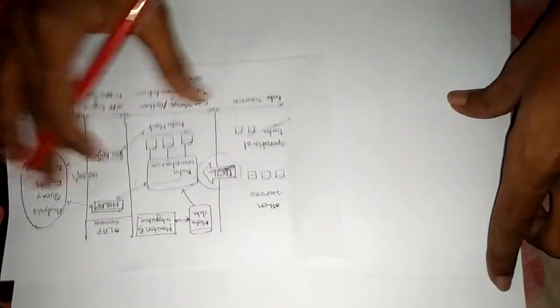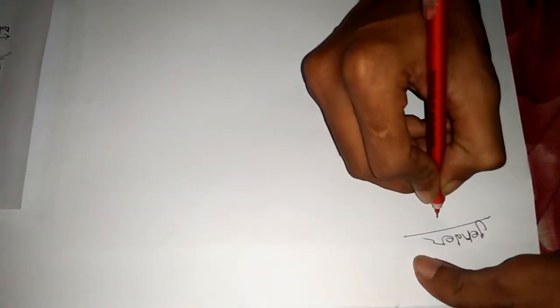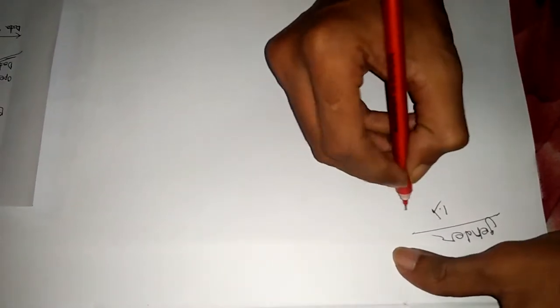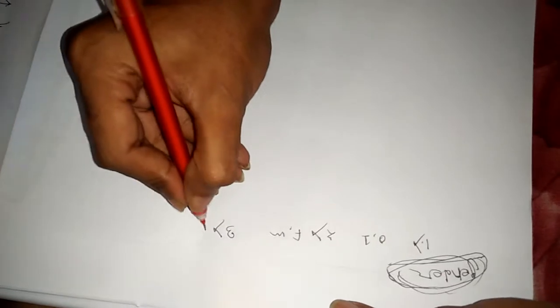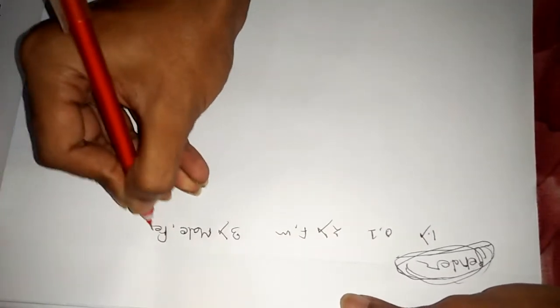Suppose we have gender: one person describes gender as 0 or 1, a second person as F and M, and a third person as male and female.